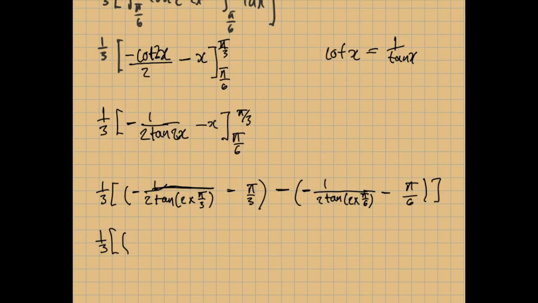And you're going to get, because there's a negative, but the answer you got here is also negative, okay? So it's going to be negative 0.2887 minus pi over 3, which is like 1.0472, okay?